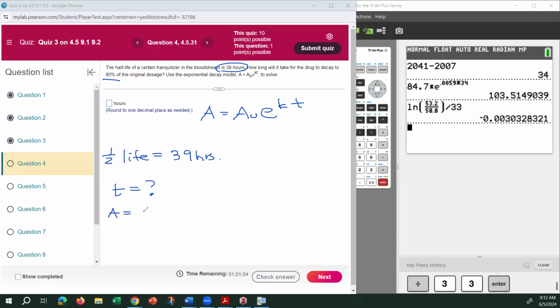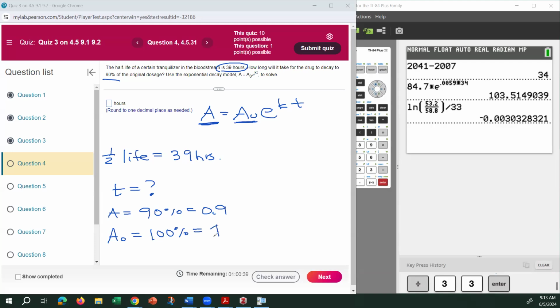So the final value is decreasing to 90% or 0.9 of the original dosage. Okay, so we're given A. We're not really given initial, but if you think about what initial value is, it's always 100%, right? Because you always start with 100% of the original value.